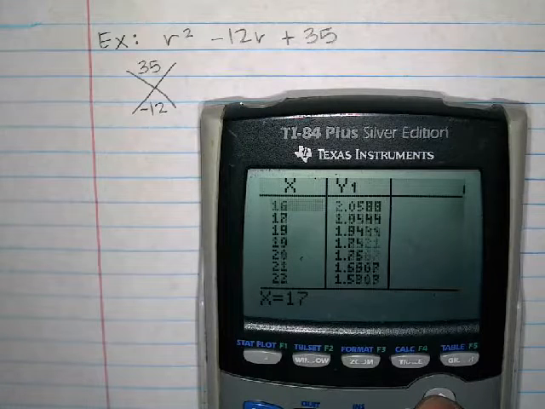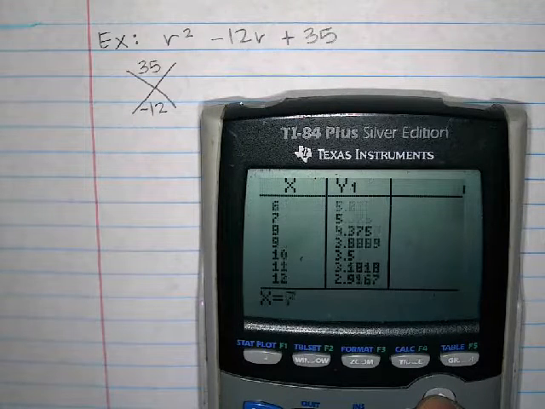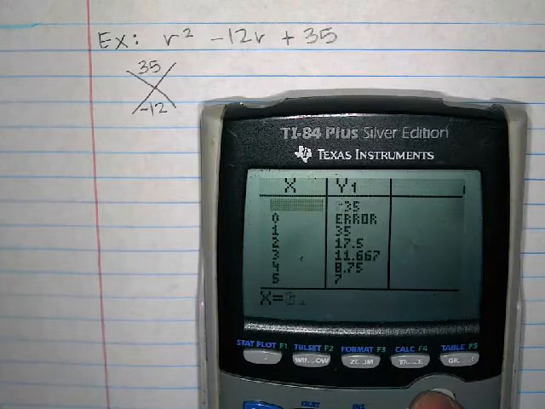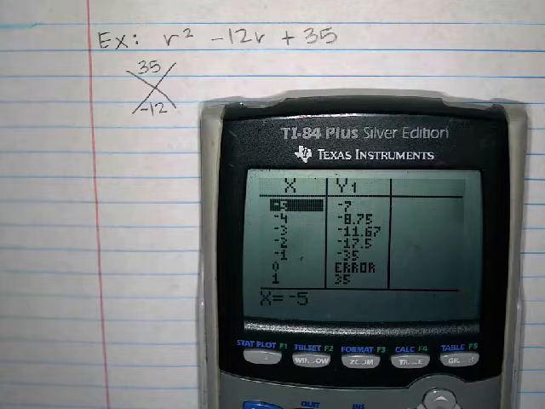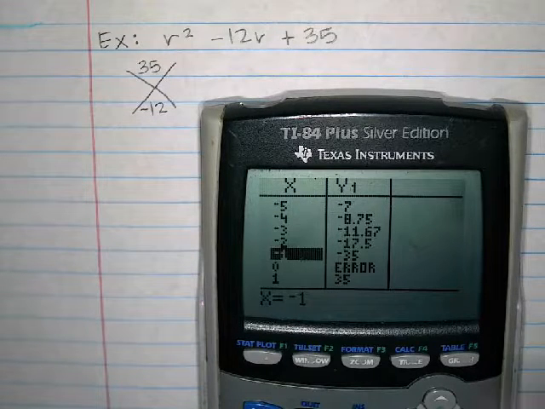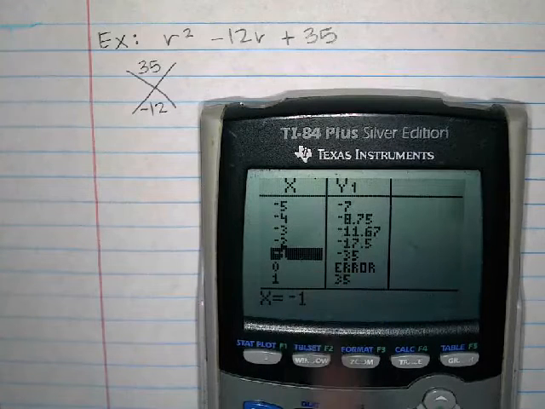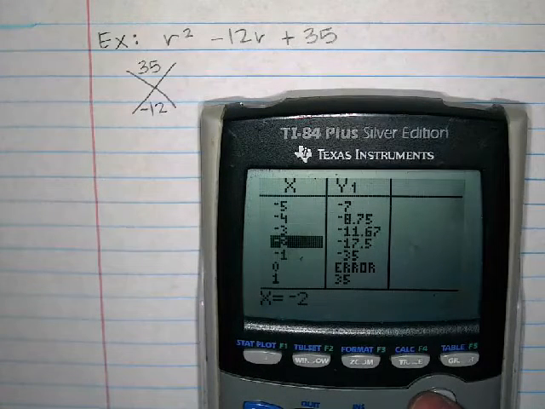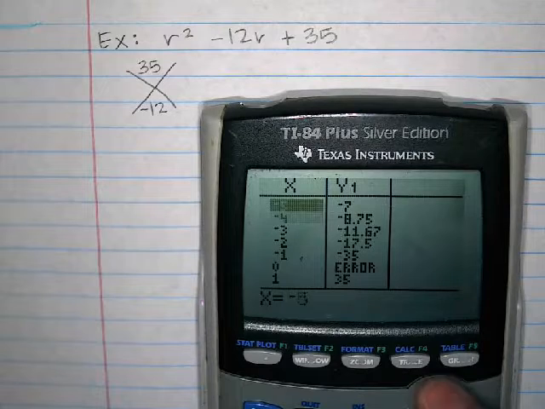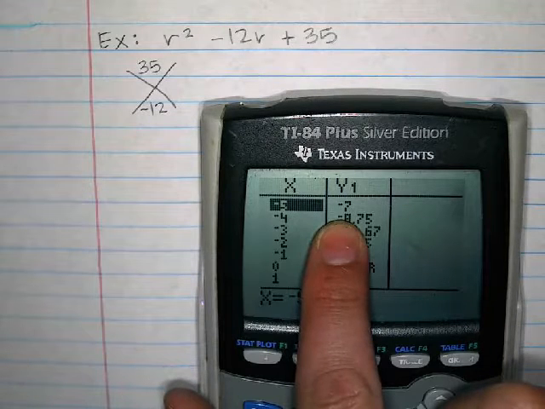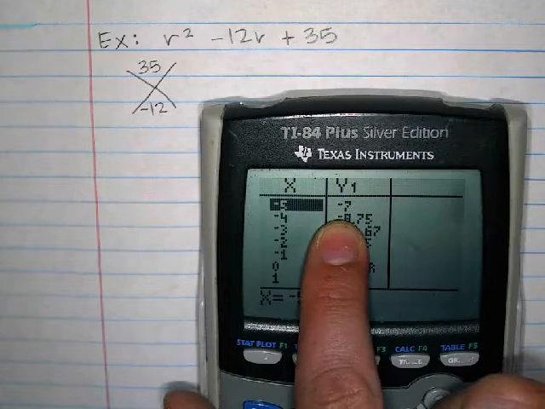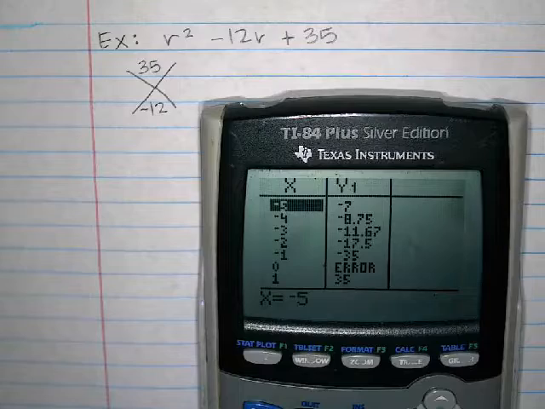Go the negative, go the other way. Because we know a positive times a positive could equal positive 35, or a negative times a negative could equal positive 35. So negative 1 and negative 35, but that's negative 36, so that's not it. Ignore the decimals, and then negative 5 and negative 7 multiplies to a positive 35 but adds to a negative 12.